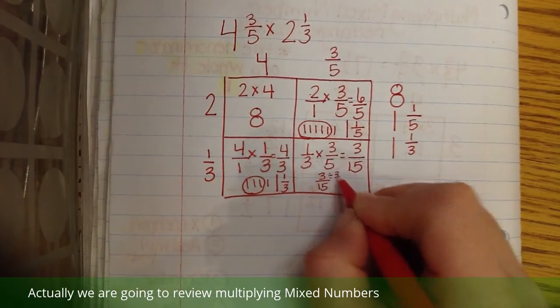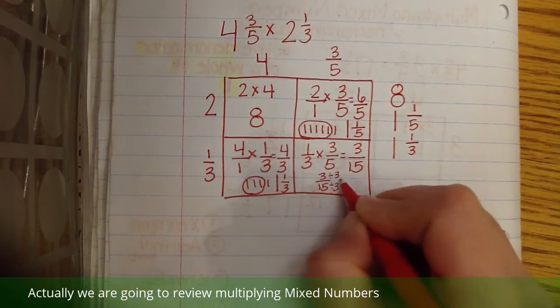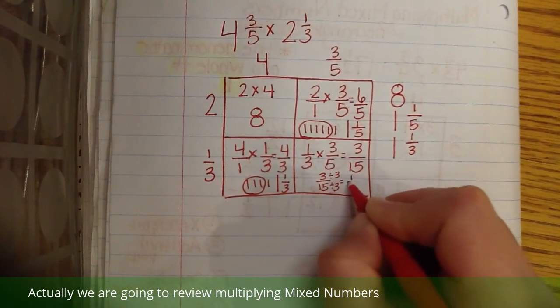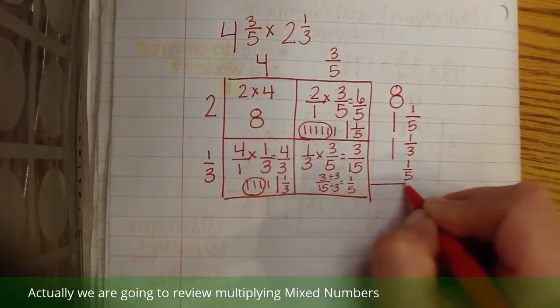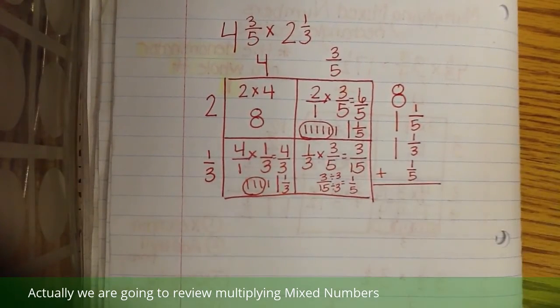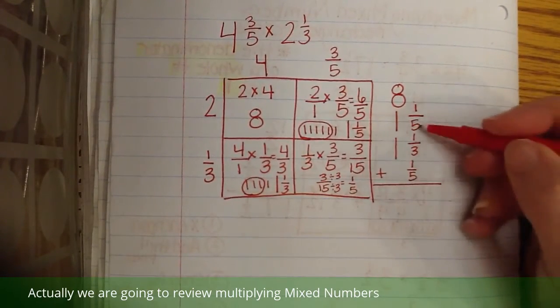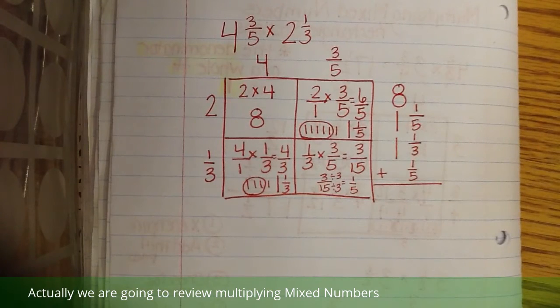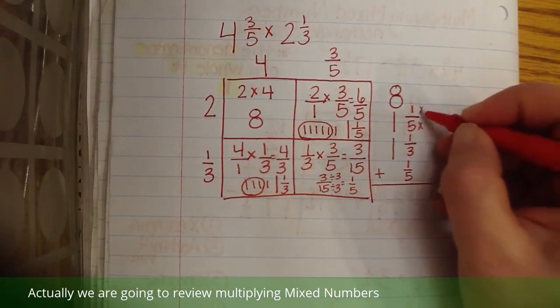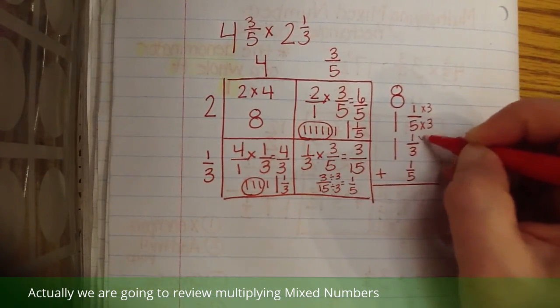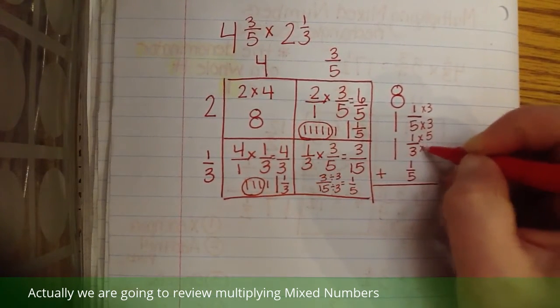3/15. Is there a better way for me to write 3/15? I know 3 can go in there. So I have 1/5. All right, I have 2 5s and 1 3. So I'm going to multiply this one times 3, and multiply this one by the other.